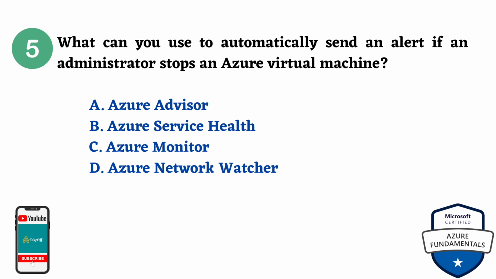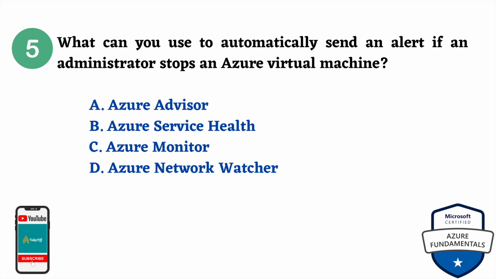To the next one. What can you use to automatically send an alert if an administrator stops an Azure virtual machine? Azure Advisor, Azure Service Health, Azure Monitor, or Azure Network Watcher. So B and C can be ruled out, and there might be confusion between Azure Advisor and Azure Monitor. Let's first see what Azure Advisor is.